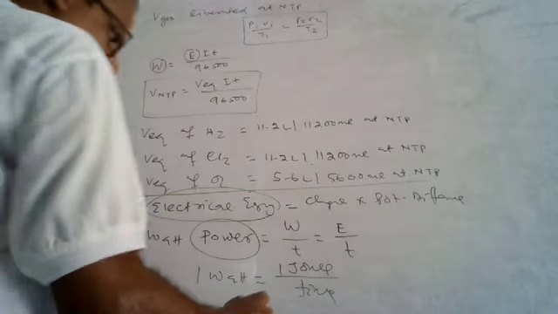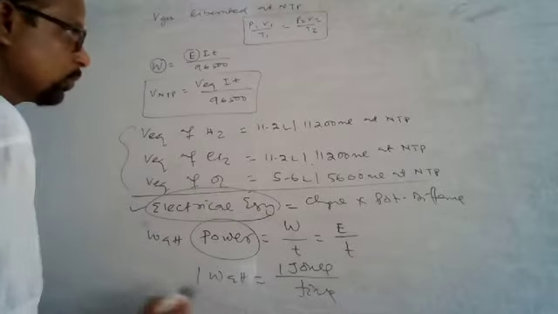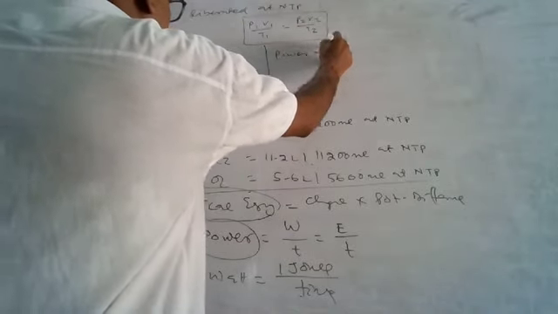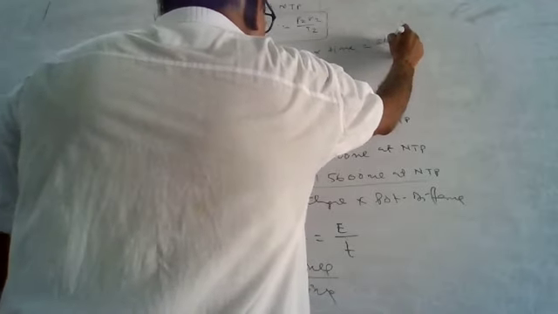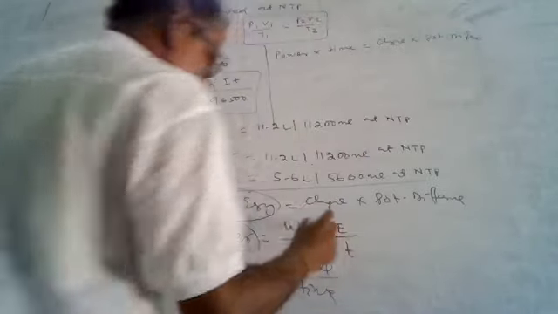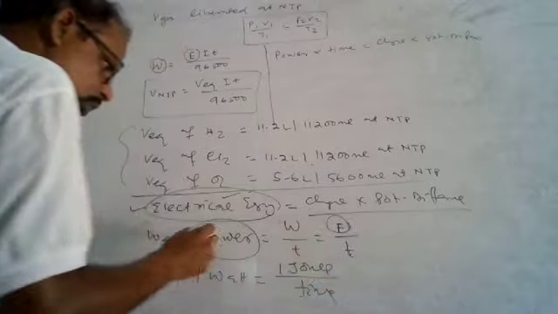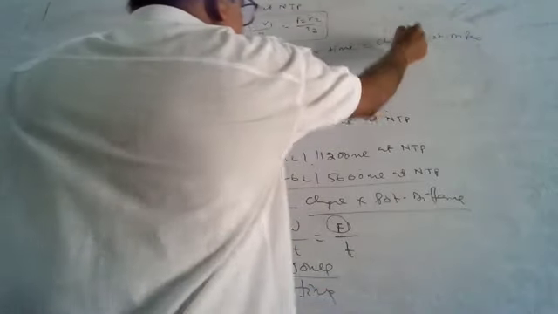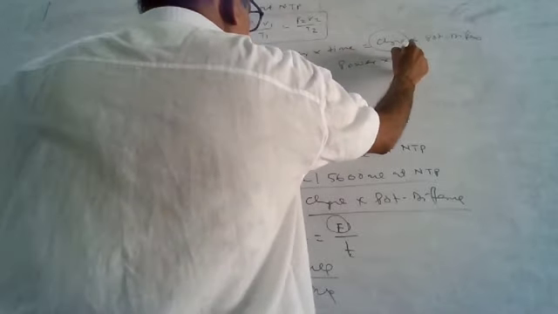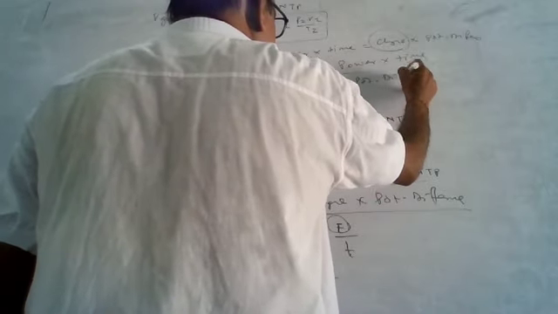Let me write here: the electric power into time is equal to charge into potential difference. This charge into potential difference is electrical energy, and electrical energy is equal to the power into time. So the charge we require is equal to electric power into time by the potential difference.